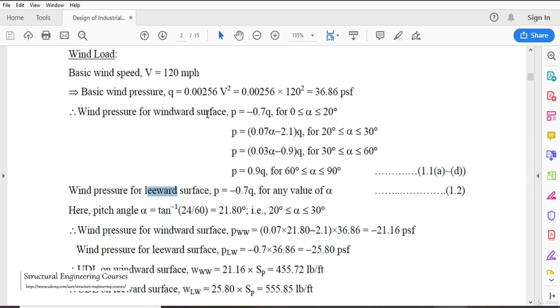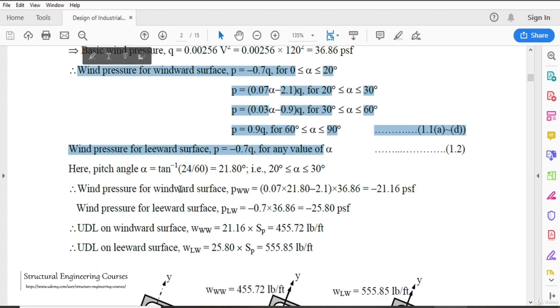So wind pressure for windward surface is minus 0.7 Q when the angle alpha is between 0 and 20. It is minus 0.07 alpha minus 2.1 into Q for 20 to 30 degrees. Similarly for 30 to 60, and for 60 to 90. And wind pressure for leeward surface is nothing but minus 0.7 into Q for any value of alpha. So you may also remember these formulas.